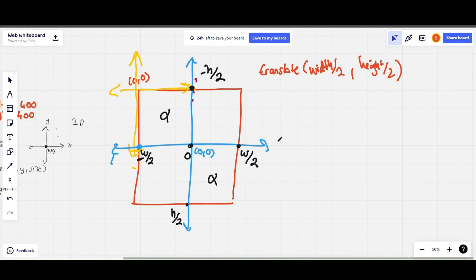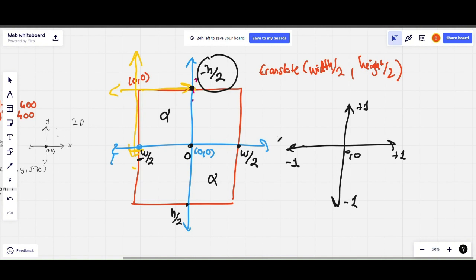And I just want to tell you guys about this because I know it is sometimes very confusing, given that usually the general Cartesian coordinate system goes from positive to negative. In here, our negative is up here, and our positive is down here. So this is just something to keep an eye on.